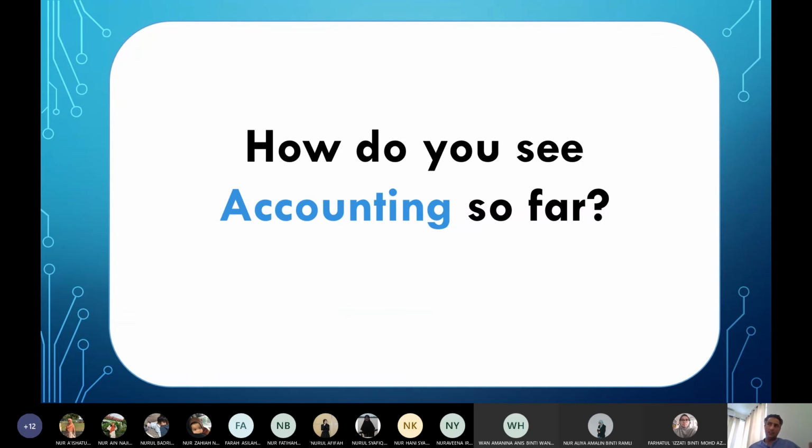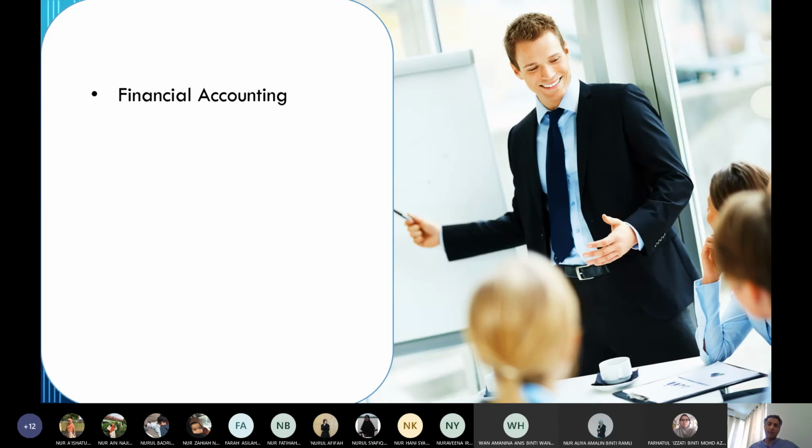Okay, so how do we see the accounting so far? Just now we talked about the particular functions of accounting, but we are dealing with data, internal and external, and we also have users, external and internal users of the accounting information.